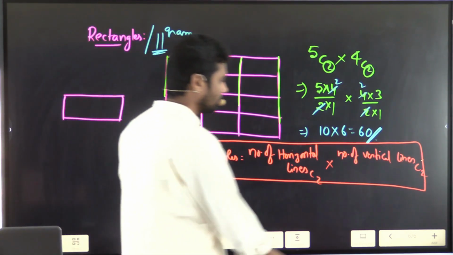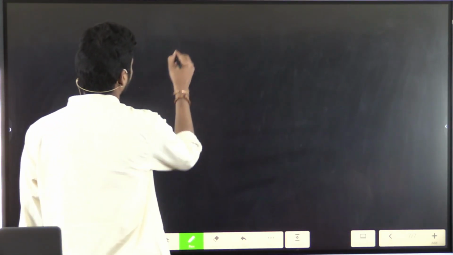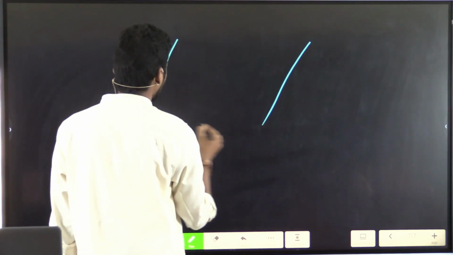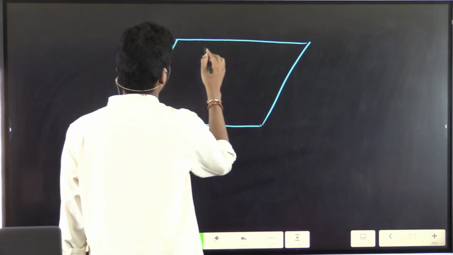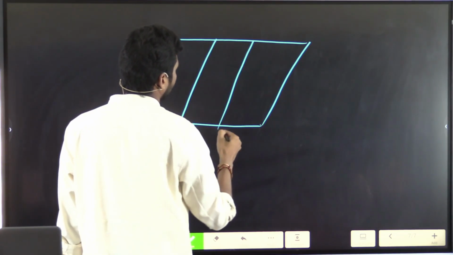Okay, let's do the next one. Parallelograms are rectangles. For both of them, we follow the same procedure.